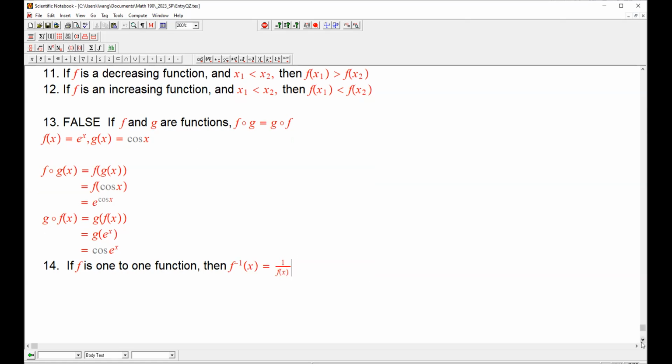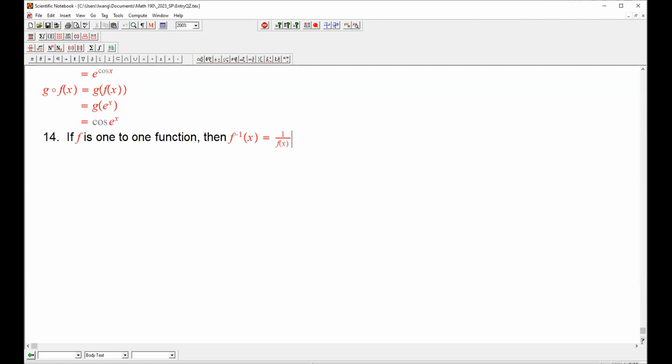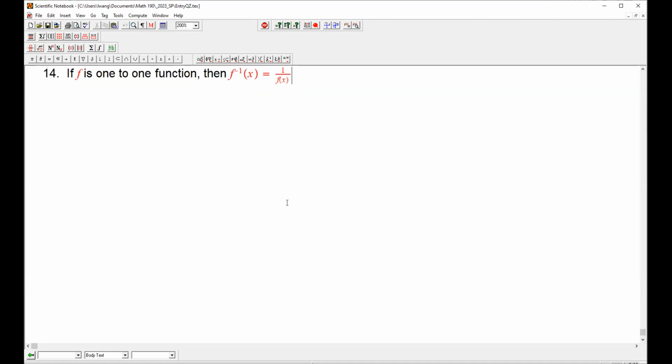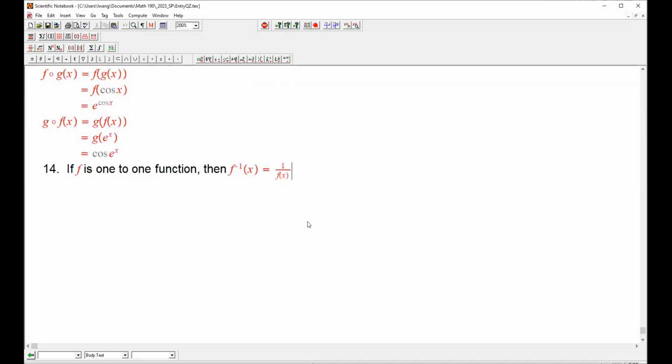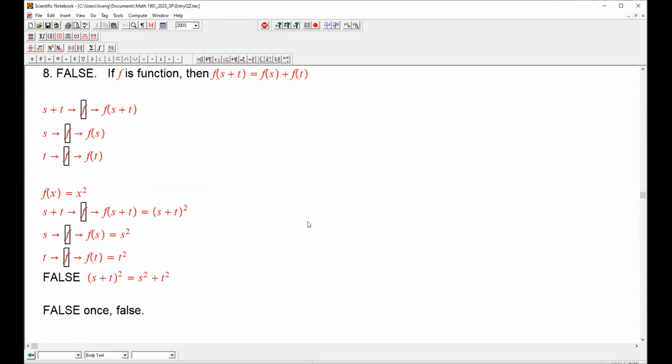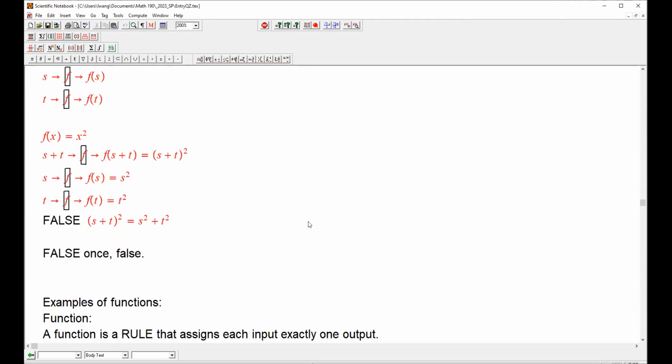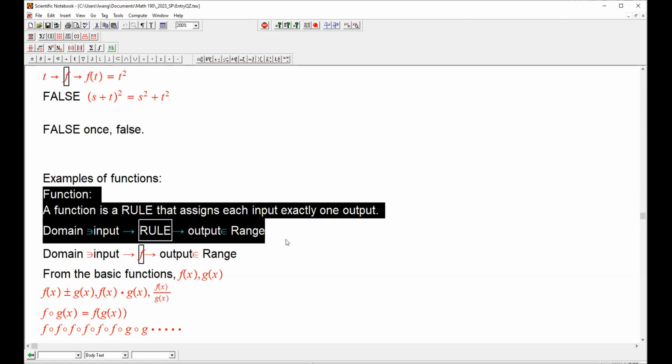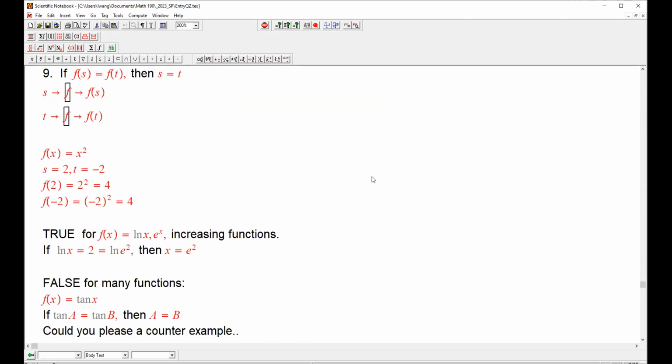I'd like to take this opportunity to review what a one-to-one function is. A one-to-one function has its own precise definition, so I'm going to bring it up. Earlier on, we talked about functions, right? A function is a rule. So a one-to-one function has to be a function first.